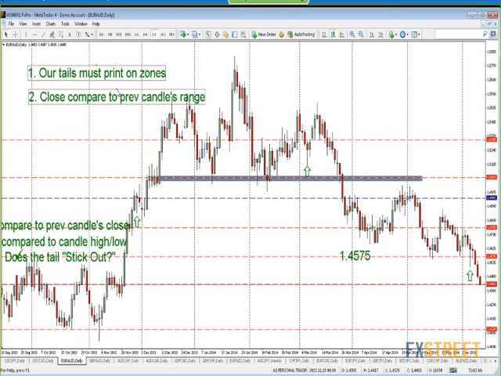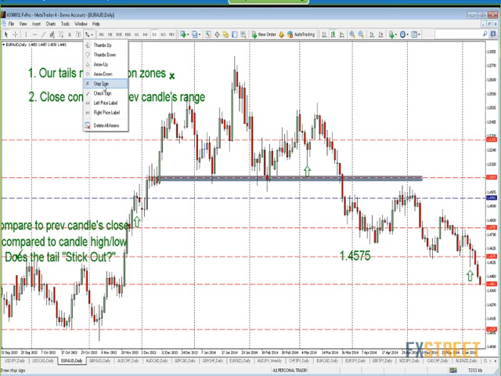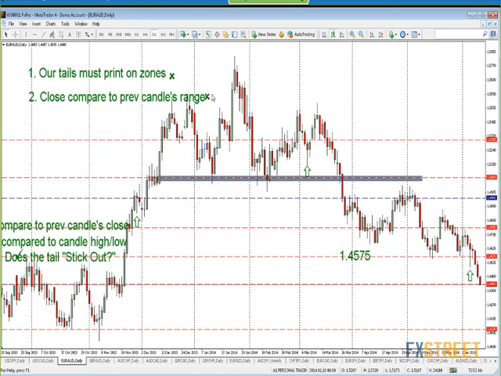Two, how does the close compare to the previous candle's range? Well, unfortunately, another negative. It doesn't compare favorably, and the reason why is because the market closed outside of the previous candle range.